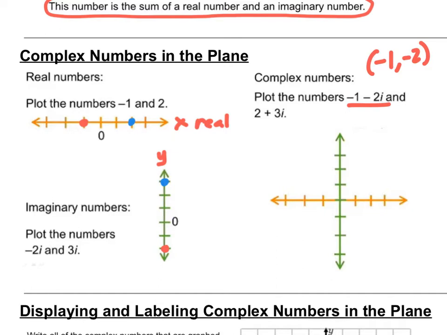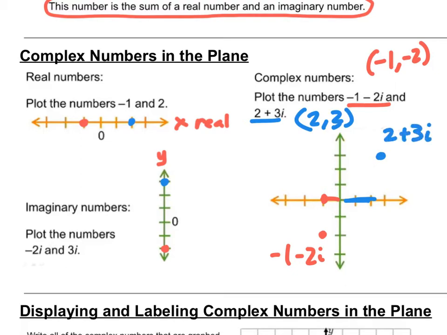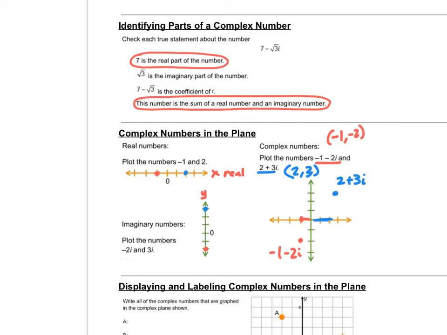So I go over negative 1 here, and then I go down 2, and so this is the number negative 1 minus 2i. Now if I were to have the number, say, 2 plus 3i, that's like having the point 2, 3. Then I would go over 2, and then up 3, and this number would be 2 plus 3i, okay, and that's the idea.